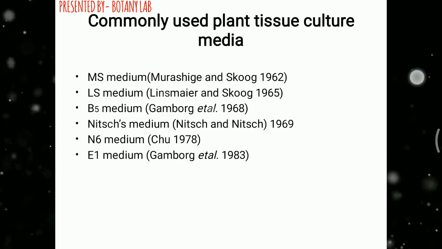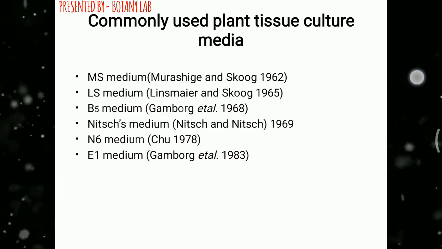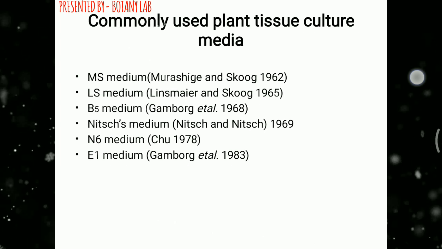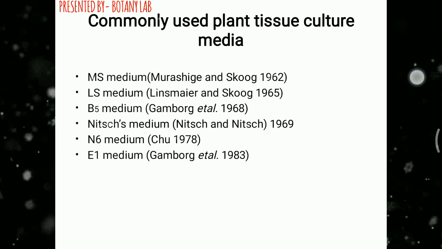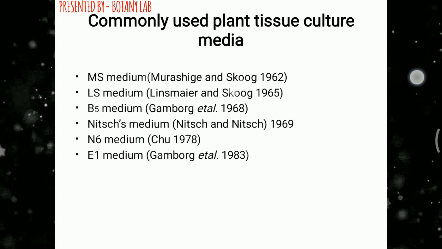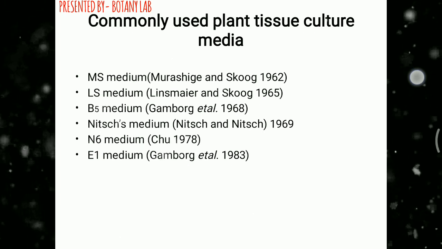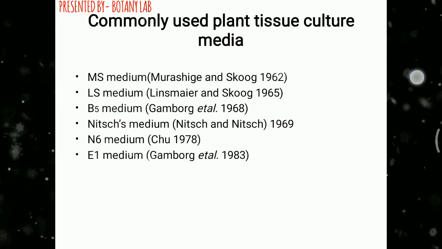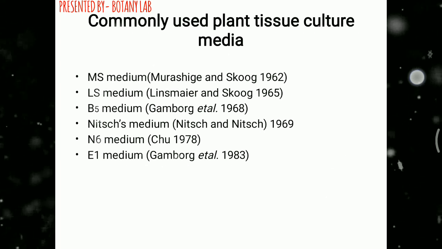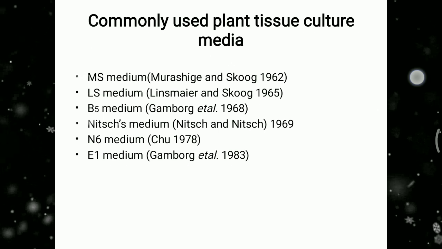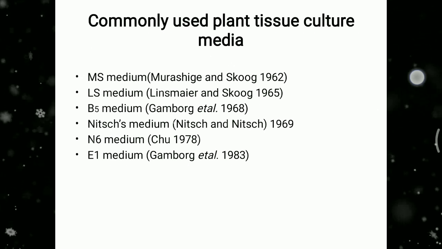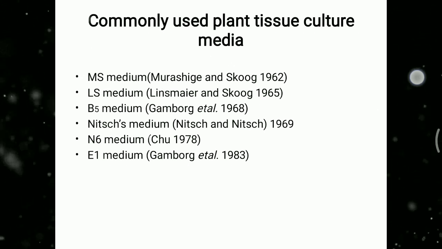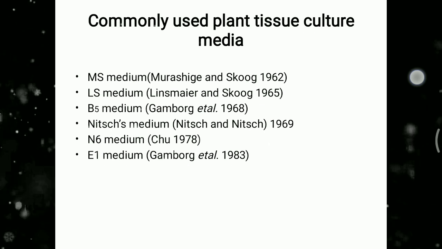Commonly used plant tissue culture media are MS medium, Murashige and Skoog 1962, LS medium, Linsmaier and Skoog 1965, B5 medium, Gamborg et al. 1968, Nitsch medium, Nitsch and Nitsch 1969, N6 medium 1978, and B1 medium, Gamborg et al. 1983.